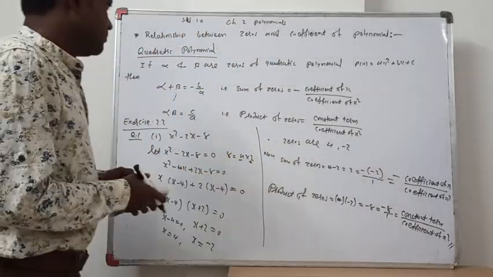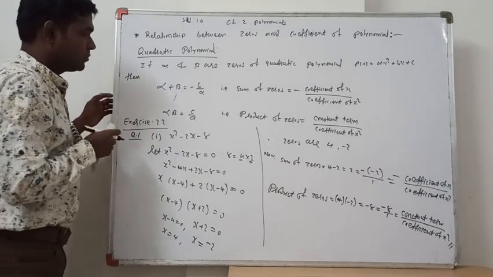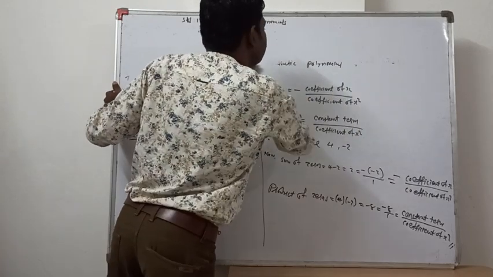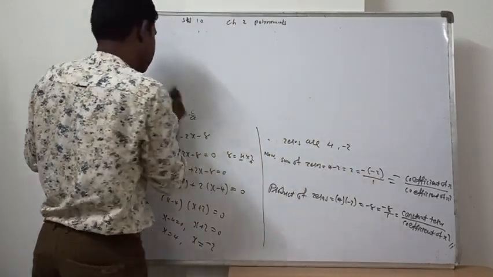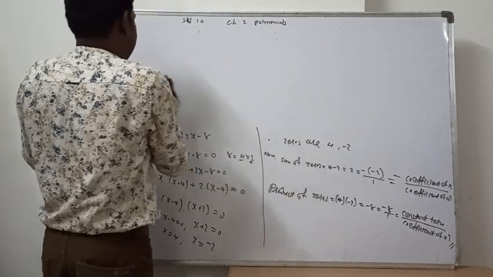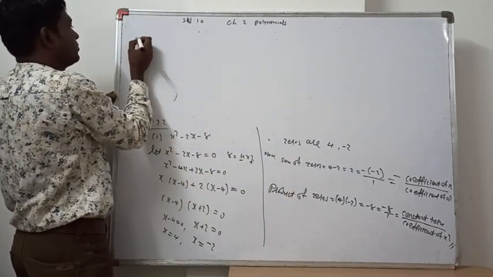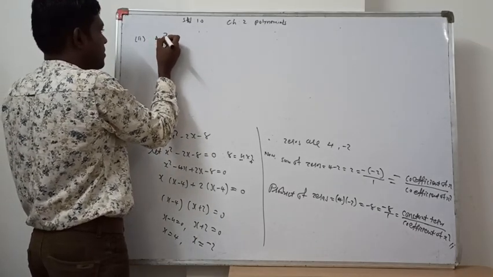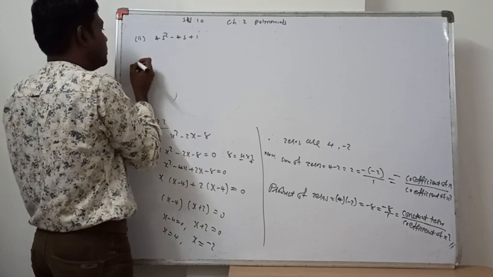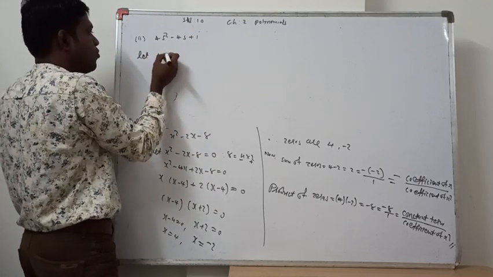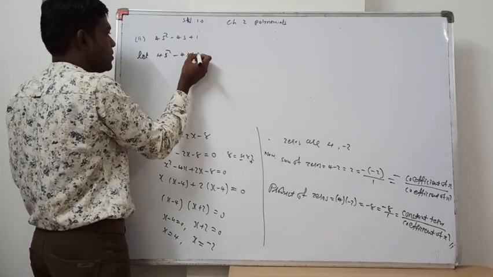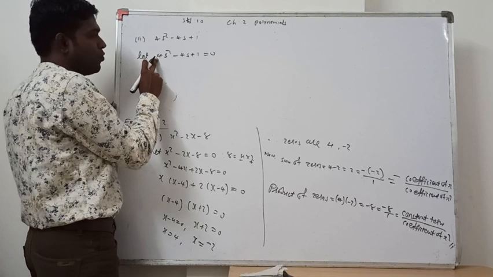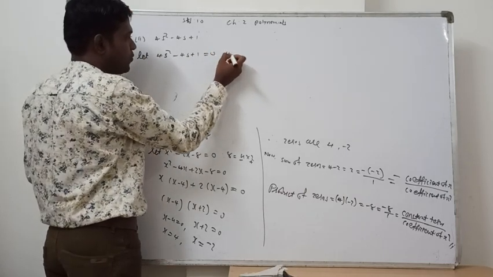Similarly we solve the second one, that is 4s square minus 4s plus 1. So let 4s square minus 4s plus 1 equal 0. First we have to factorize. So 4 into 1, that is 4, right?